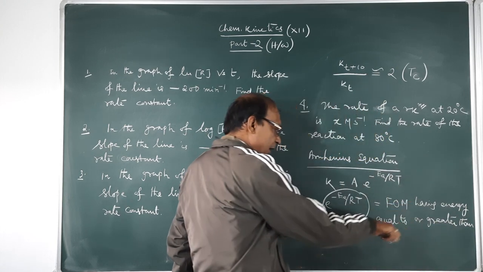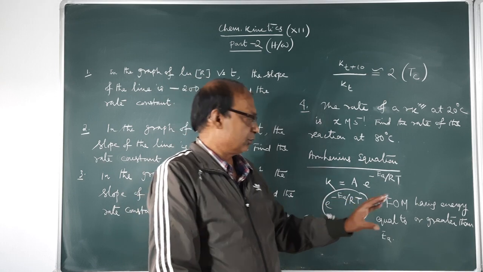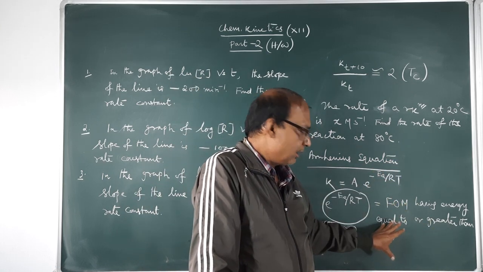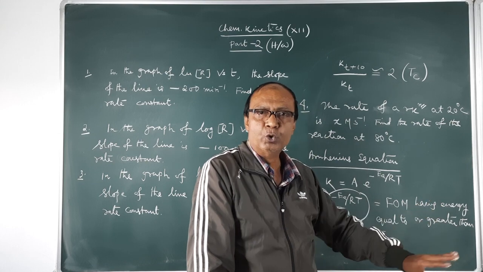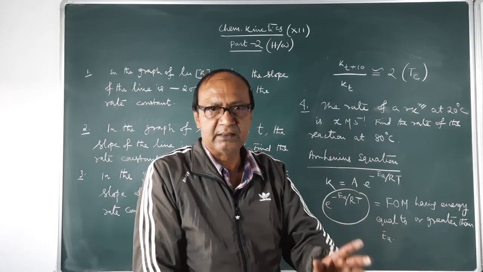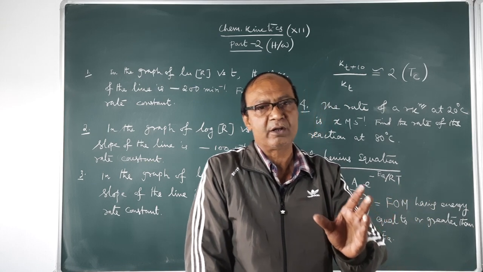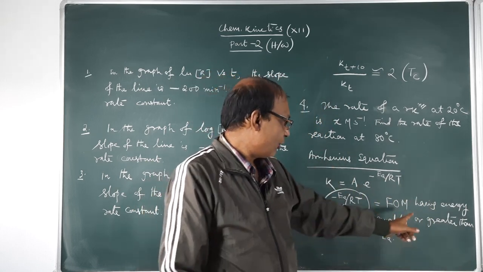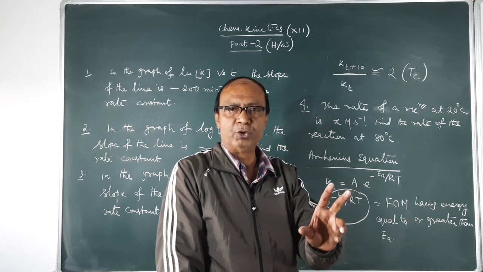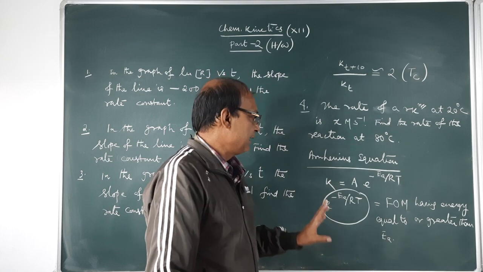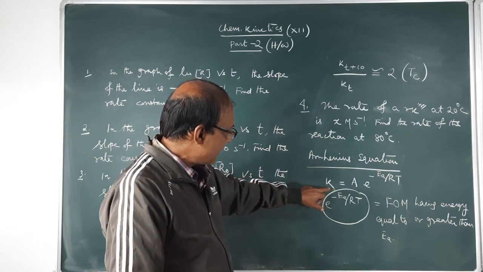This means only such a fraction of the molecules out of the total molecules will be able to form the products, not the others. The molecules which have energy equal to or greater than the energy of activation, only those molecules will be able to react and form the products. So this is the original form of the Arrhenius equation.